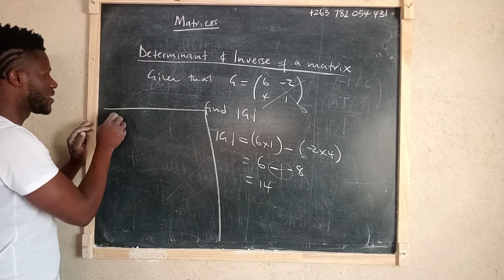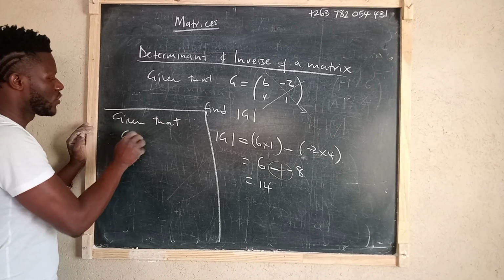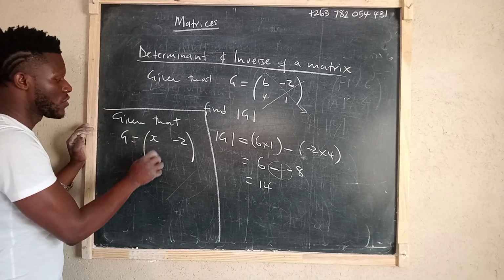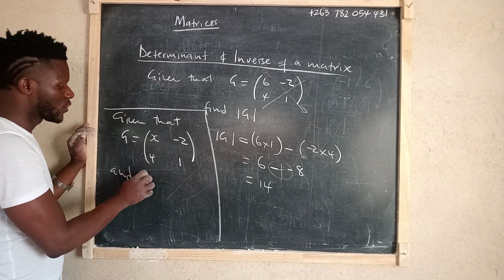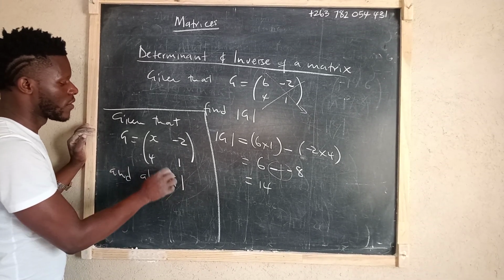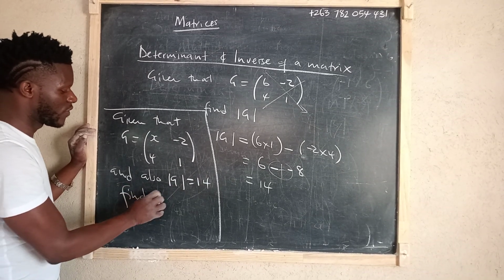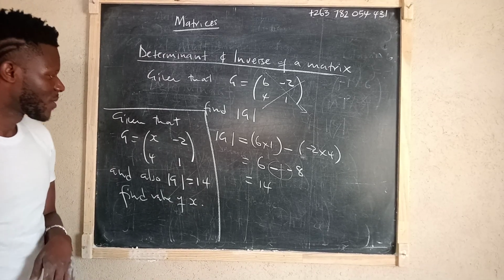From the question like this, they say, given that G equals X, minus 2, 4, 1, and the determinant also equals 14, find the value of X. Look at this interesting question.